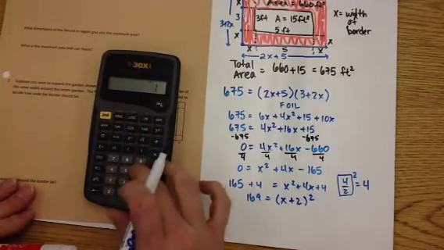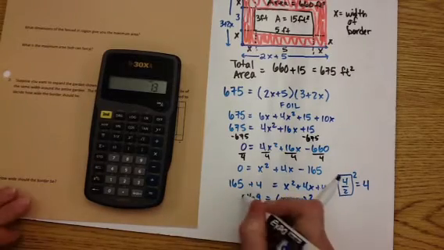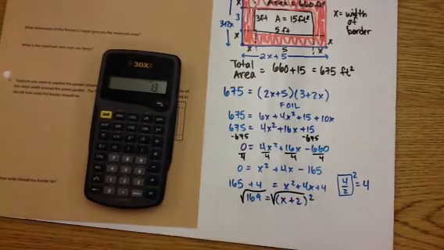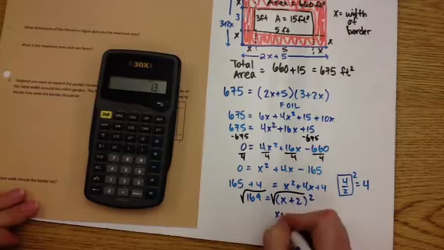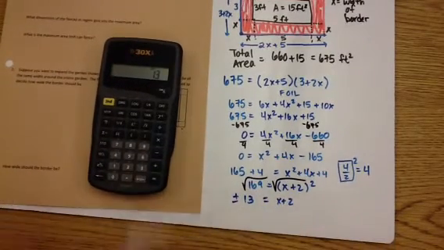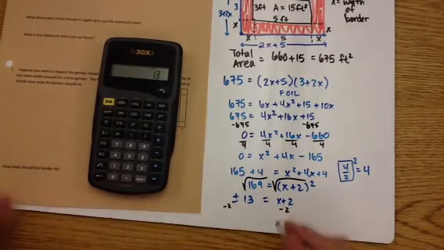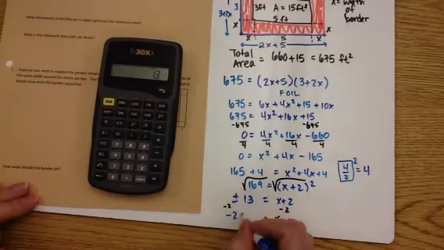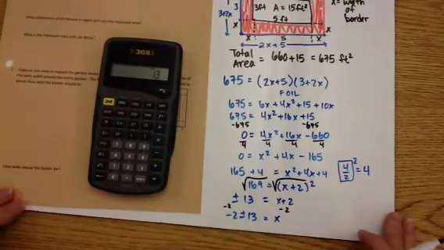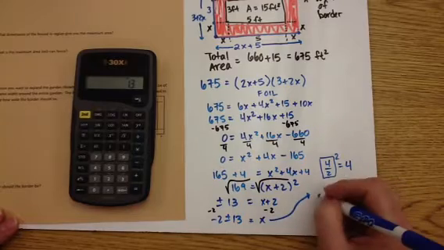Then I need to find the square root of 169, so I'm going to take the square root of both sides. So I get x plus 2 equals plus or minus 13. Subtract the 2. It gives me x equals negative 2 plus or minus 13. So that is 2 separate values.